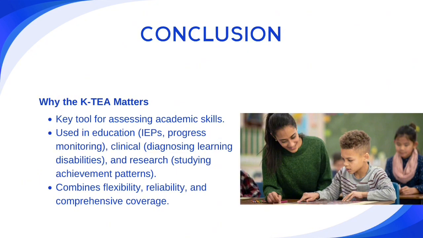Its ability to identify learning strengths and weaknesses, also diagnose learning disabilities and monitor progress, makes it indispensable for educators and clinicians. With its combination of flexibility, reliability, and comprehensive coverage, the KTEA continues to play a vital role in supporting student success and informing intervention strategies.